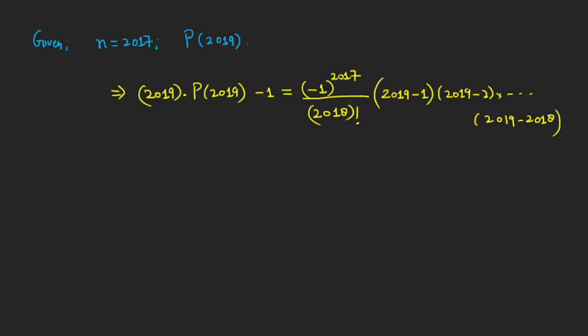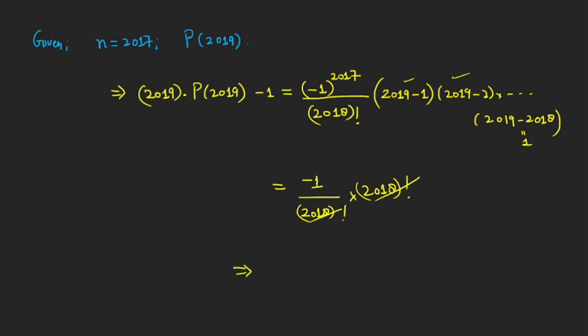In RHS this is 2018, 2017 and so on till 1, so we have the product from 1 to 2018, which is nothing but 2018 factorial, and since we have an odd power over it, it's negative 1. So 2018 factorial multiplies with 2018 factorial in the denominator, and we got it.